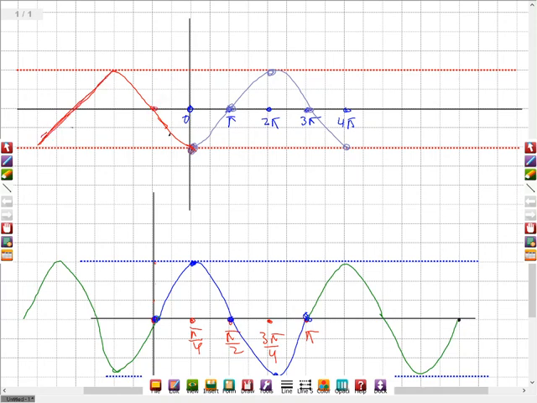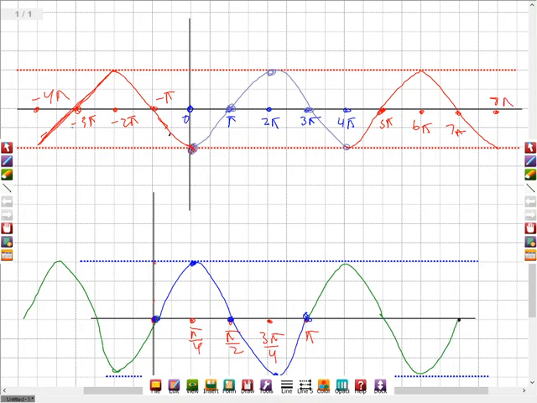This is negative pi, this is negative 2 pi, this is negative 3 pi, and this is negative 4 pi. The same thing from here to here. This is 5 pi, 6 pi, 7 pi, and 8 pi.